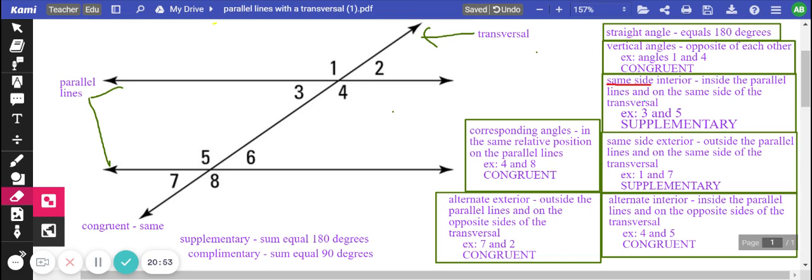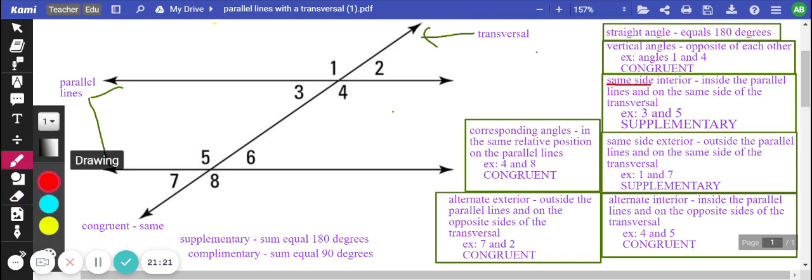So now we already talked about same side interior angles, and we already talked about alternate exterior angles. Let me show you an example of how to find alternate interior angles. Oh, we already did. Sorry. We did alternate interior. We need to do alternate exterior.